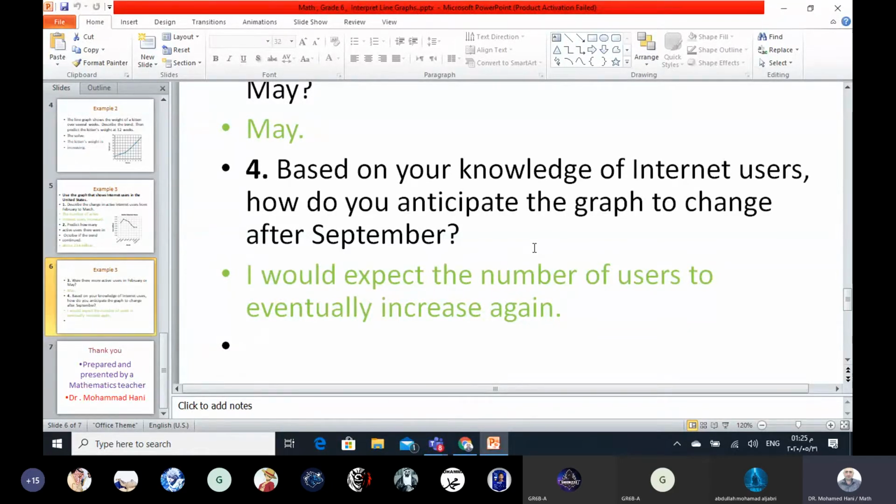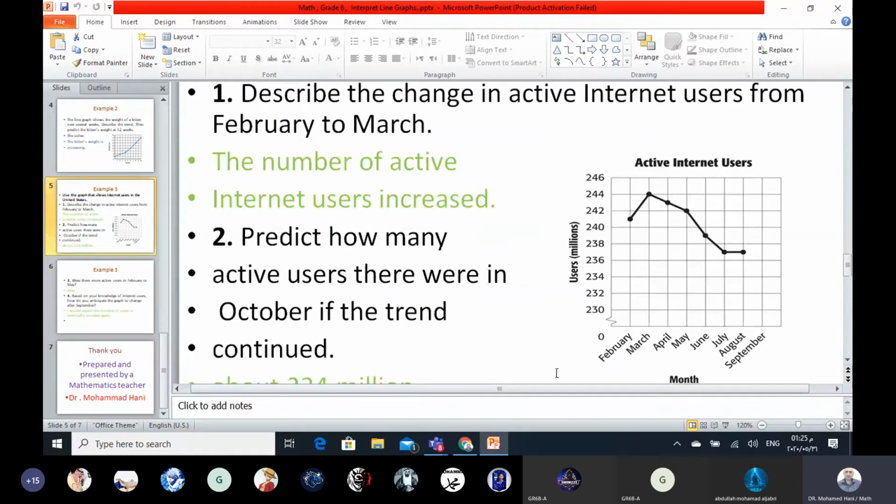As you see here, if I study the movement of this graph, here increasing, then decreasing, then here it stays, then decreases, then increases. So I can write here, I would expect the number of users to eventually increase again.